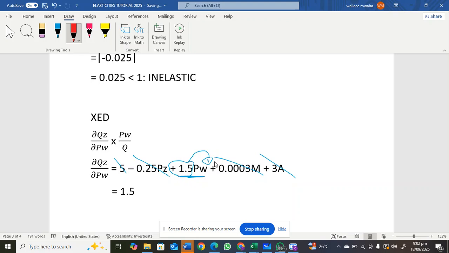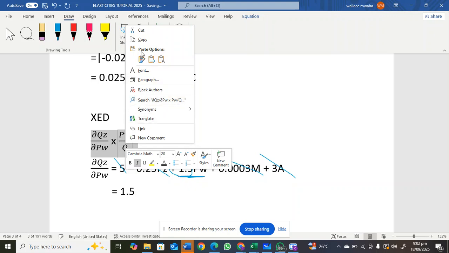After you multiply by the exponent, always subtract 1 from the exponent. 1 minus 1 is 0, so we've got PW to the power 0, and anything to the power 0 is the same as 1.